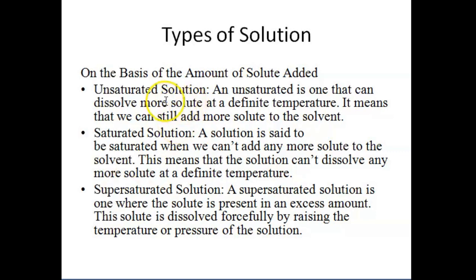An unsaturated solution is the one that can dissolve more solute at a definite temperature. That is, we can still add more solute to the solvent. Then we say that it is an unsaturated solution.